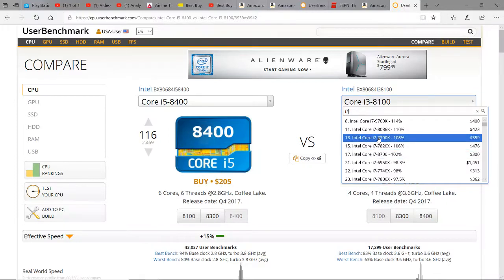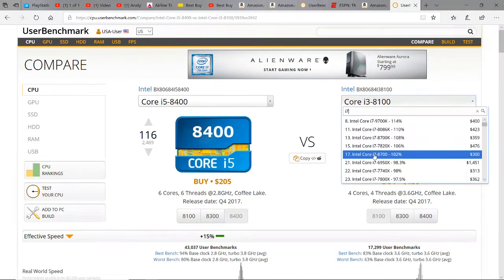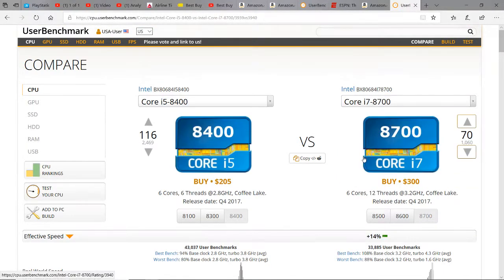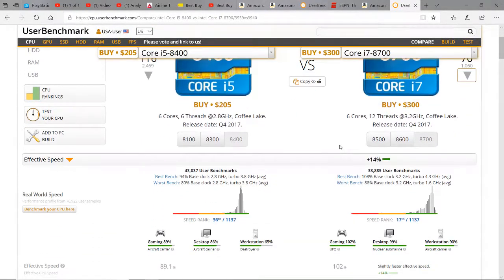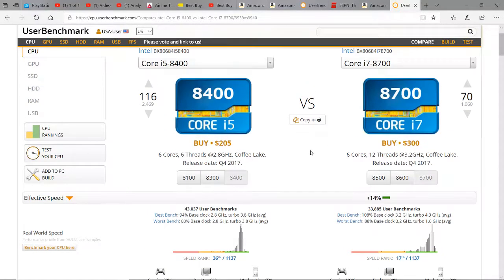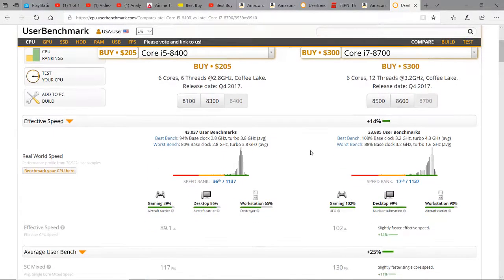We actually own this one here at the house, but I'll put this one in here just because I'm curious how it compares. So the i7 8700, not the K version, which is even more awesome for gaming. This ranks 17th out of 1,137.